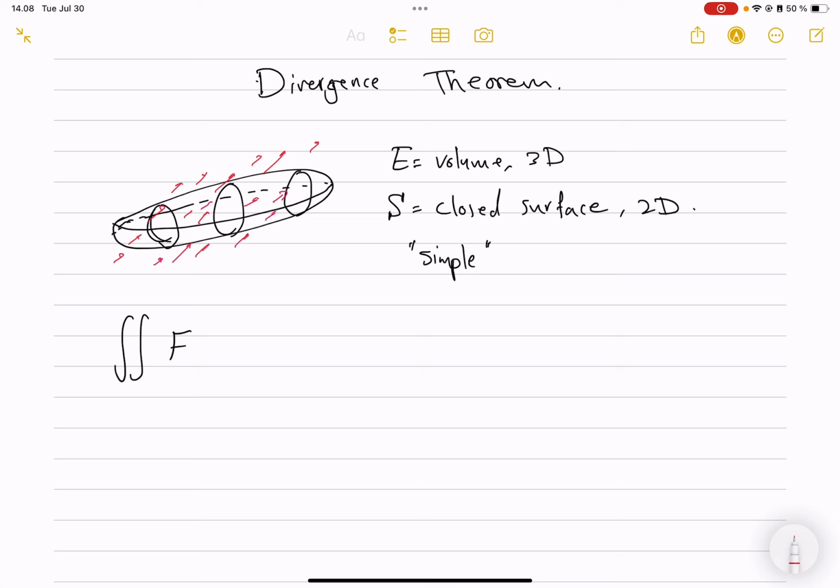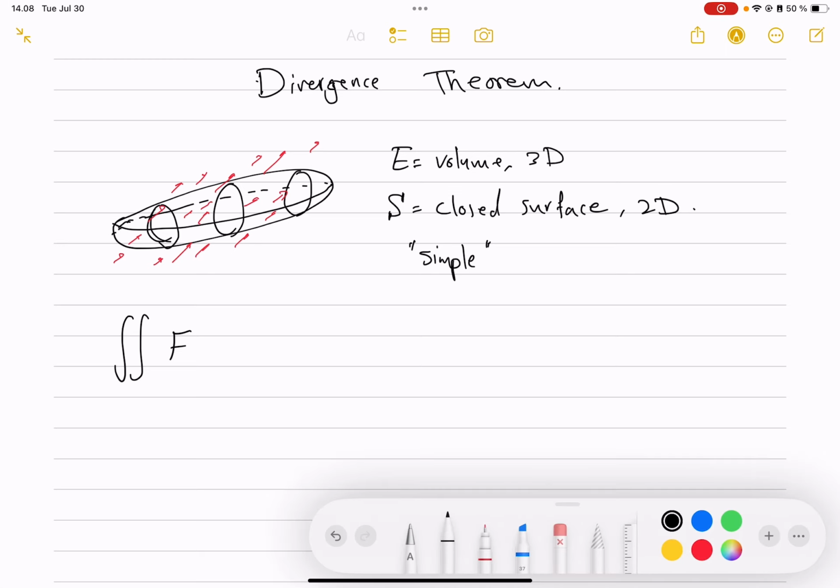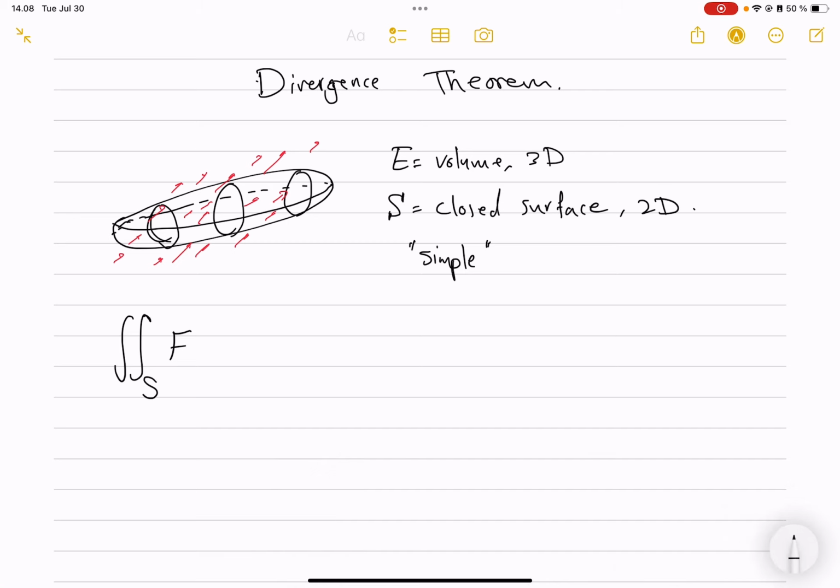No other assumptions on it other than just having enough derivatives. And my two integrals indicate that I'm doing a double integral over the shell of this surface. So that's a two-dimensional integral, a surface integral in the sense of section 16.7 that we have talked about so much and is familiar to us from Stokes' theorem.